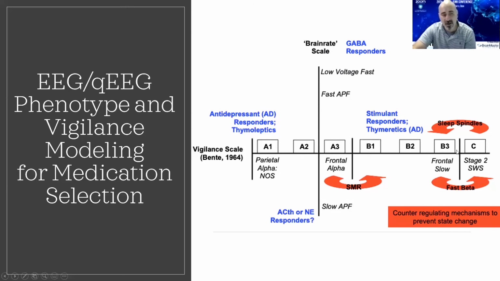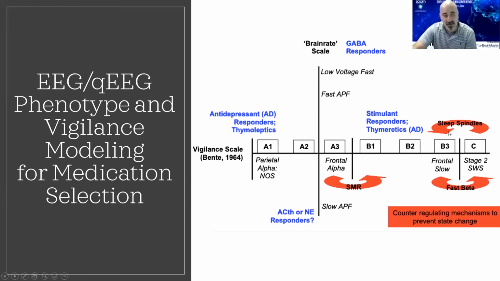As we move along here, something that was a little confusing to me in this model for a long time, and this comes directly out of Markine and Orange's paper on this topic, is that these red arrows indicate a blockage of flow from one state to another. If somebody has gone into stage 2 sleep and there's the presence of sleep spindles, they will not move back into wakefulness if we were to knock on the table.